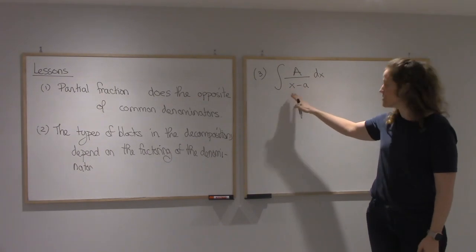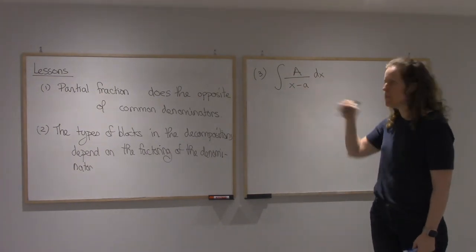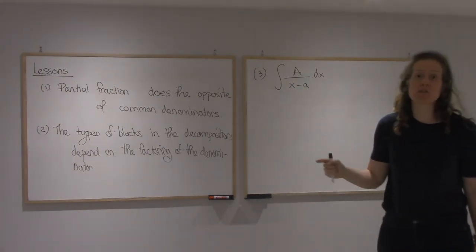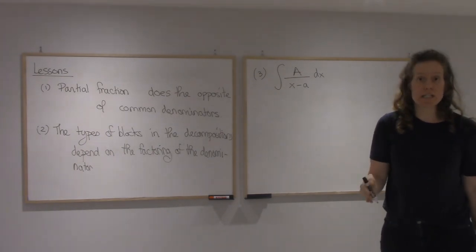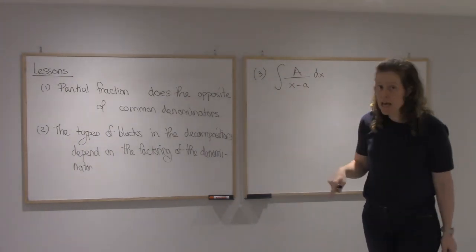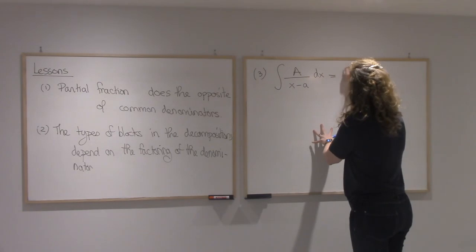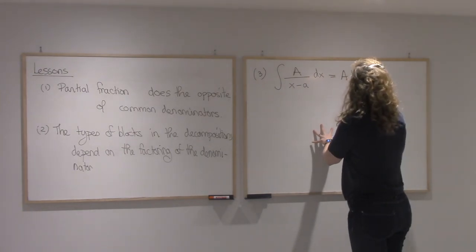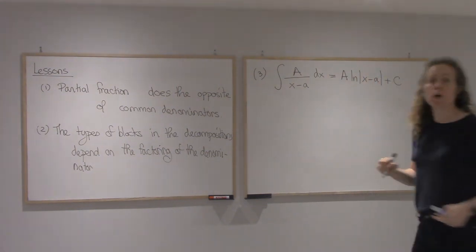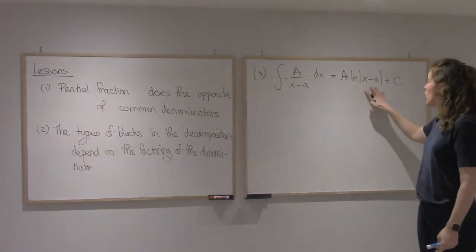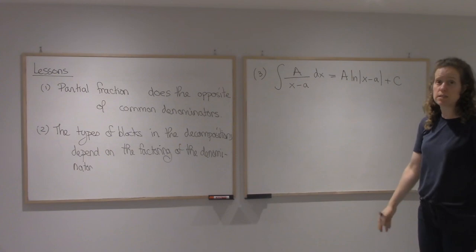It's 1x in some way, minus a. If you have this integral, then you should take a substitution for x minus a, and what you'll end up with, and we've done this twice already, is a log of x minus a plus c.